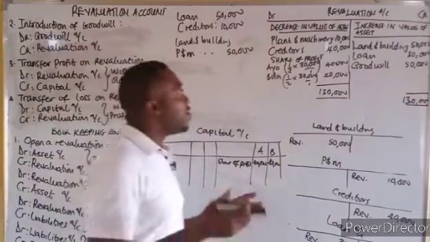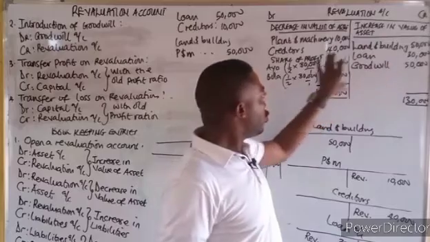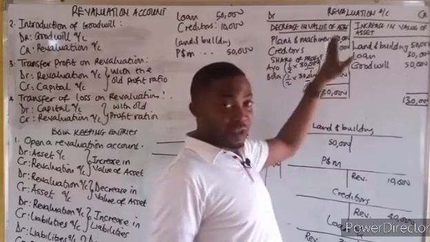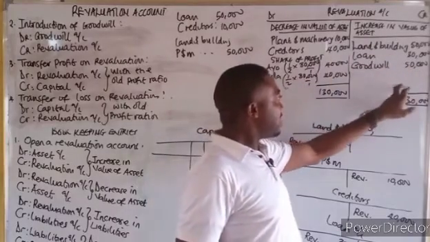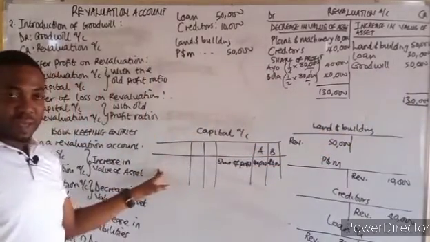The same way, there is loss when here is greater than here. I've said it before. So you do it the same way in that profit or loss sharing ratio. You share it. It's on the credit side here. The corresponding entry will now come here at the debit side of the capital account.